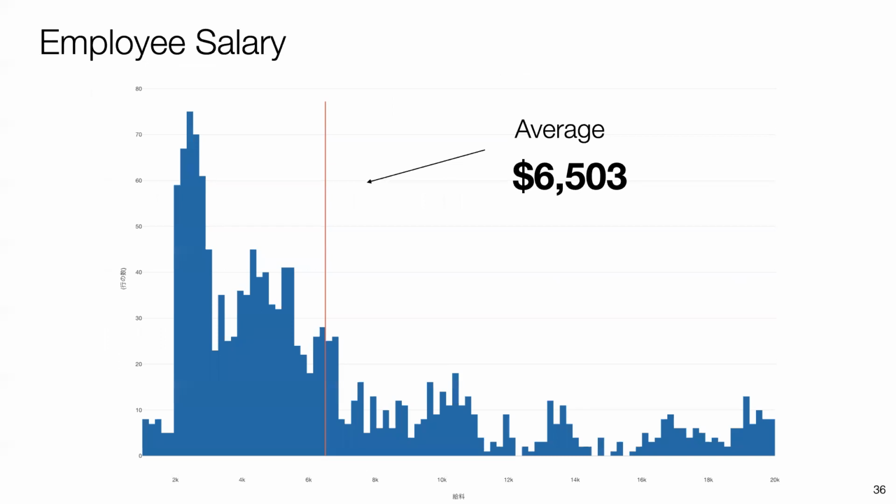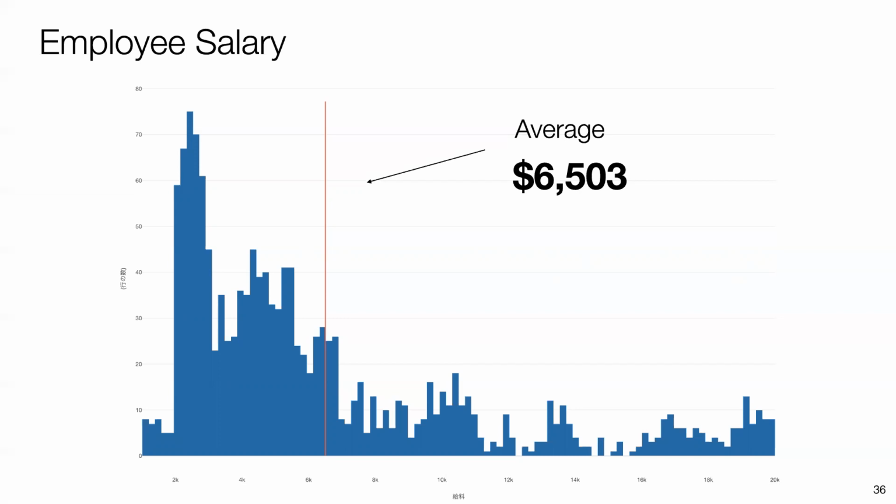So we have employee data, and this is a histogram. I'm going to explain what the histogram is right after this. When you visualize it, the average salary in this data is $6,503. However, some people make way more than $6,000, and some people make way less, depending on the employee.